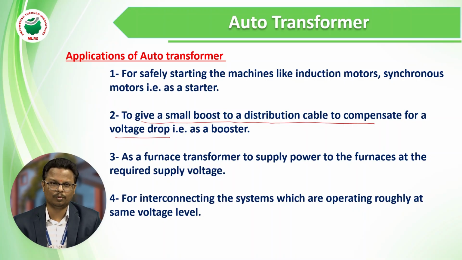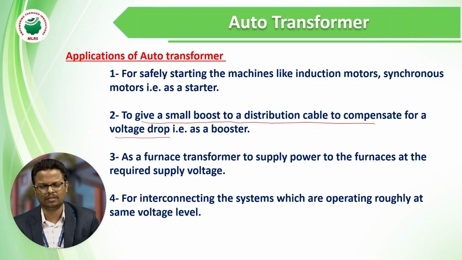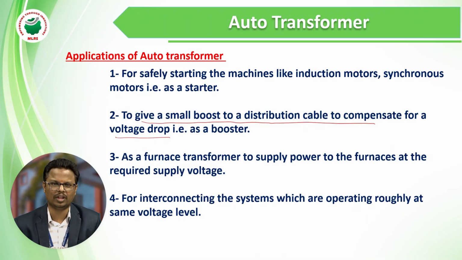So to compensate that voltage drop, we are using this auto transformer. Okay, in transmission lines we will use capacitor banks, synchronous condensers, so many things we will use to compensate. But in distribution lines we can use this auto transformer also like a booster. That is one of the applications of auto transformer.